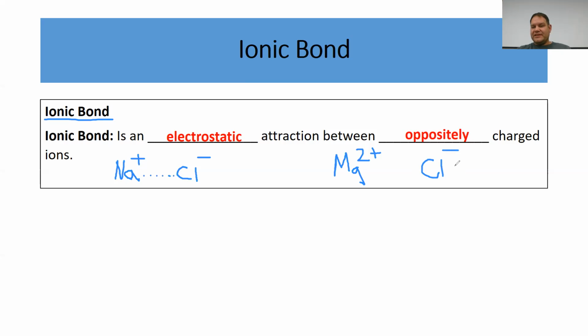So chlorine would only gain 1 electron and become negatively charged. Well, this might balance out one of the positive charges, but not both of them. So we have a problem. Yes, we can form an ionic bond between magnesium and this one chlorine, but we still have an excess of 1 positive charge. That's just not good.